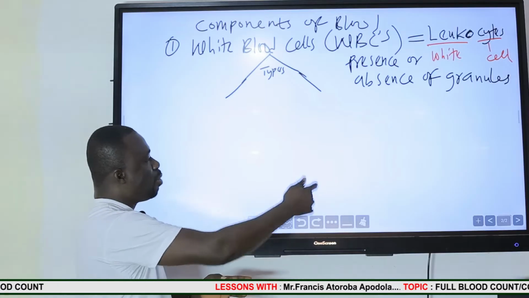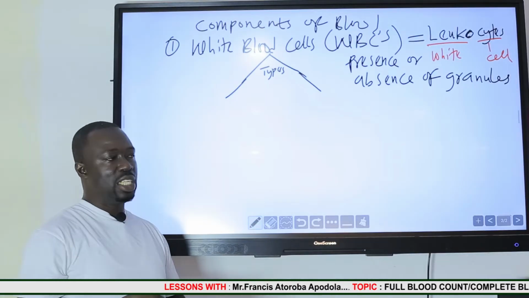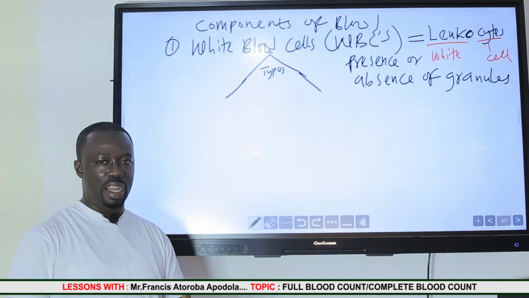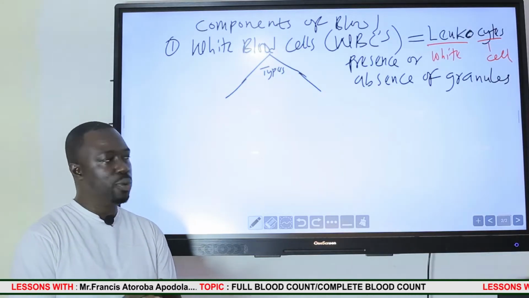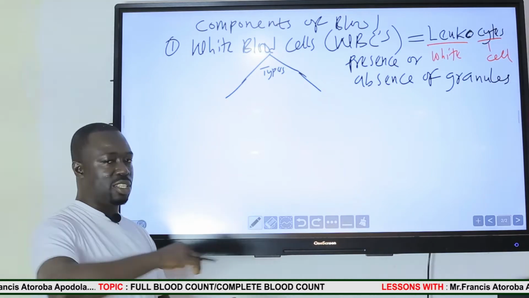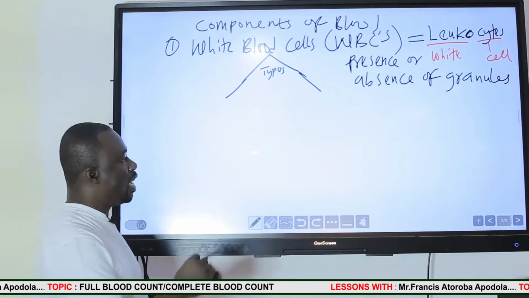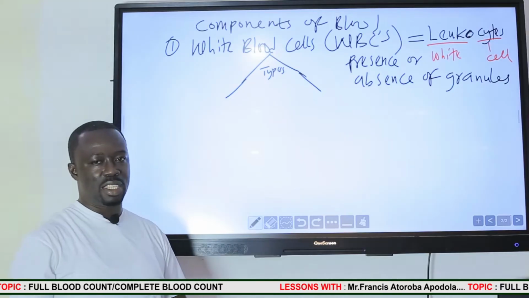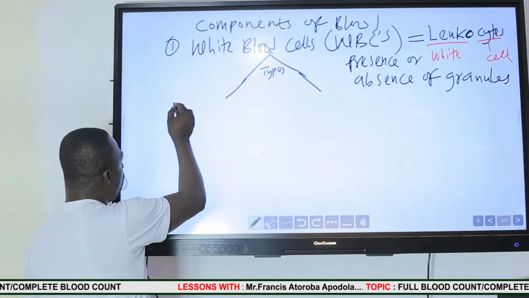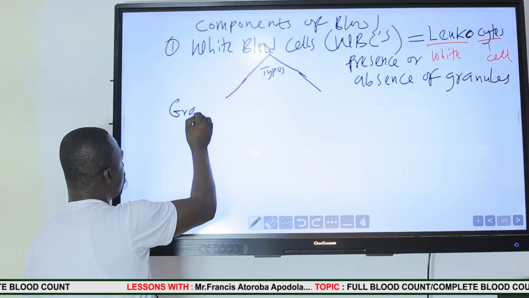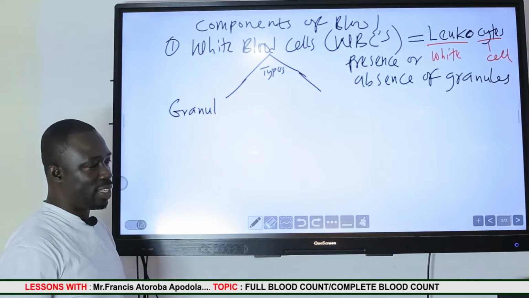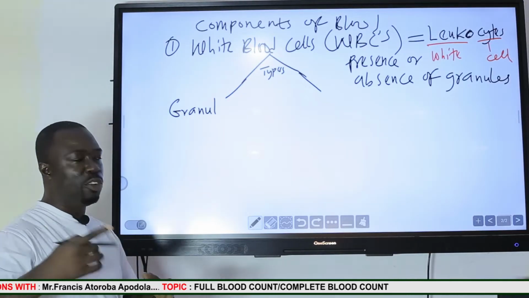Now, there are some white blood cells that possess granules in their cytoplasm. Under the light microscope, we are able to see granules in the cytoplasm of some of these white blood cells. In another group of white blood cells, we do not see granules in their cytoplasm. All the white blood cells with granules in their cytoplasm are called granulocytes.